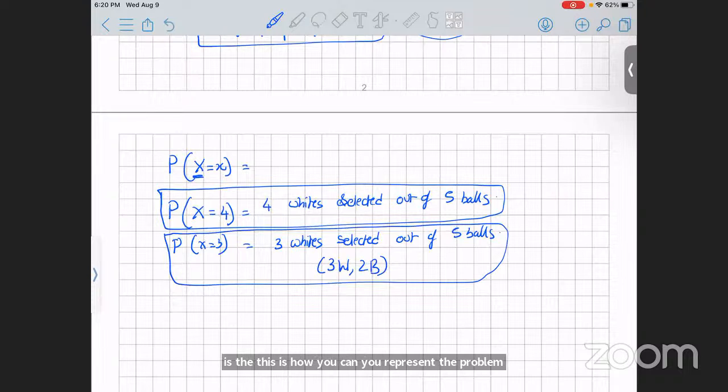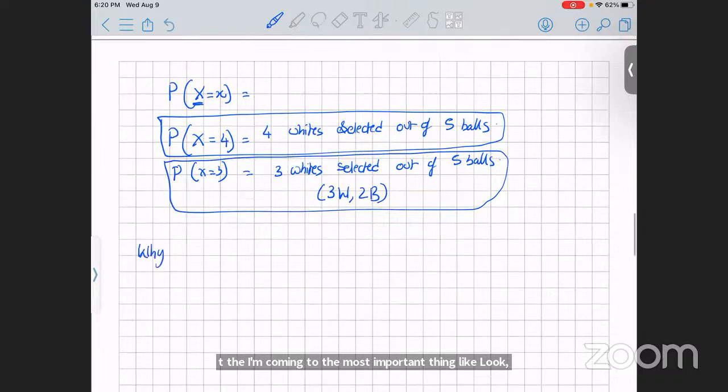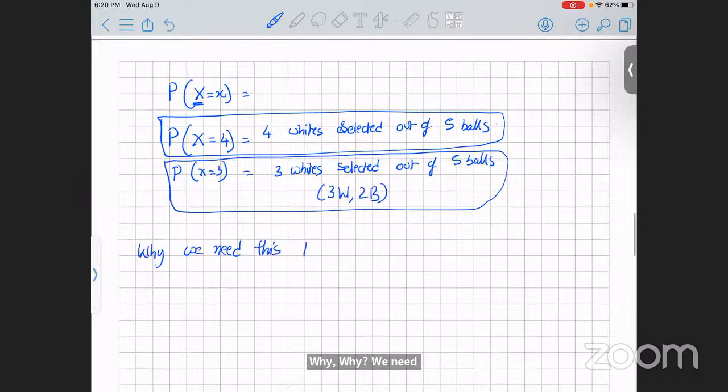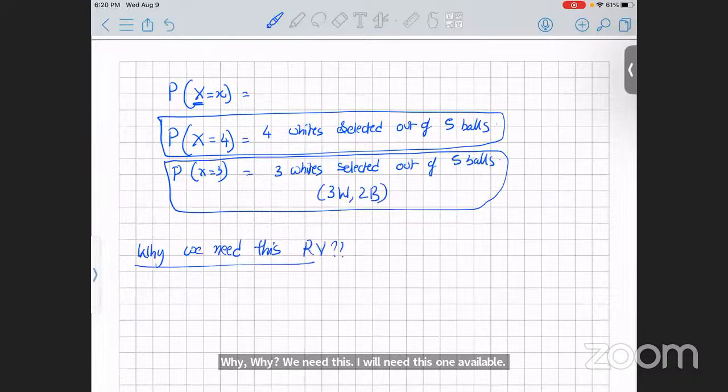And coming to the most important thing: why do we need this random variable? Why do we need to study about random variable? Can anyone have idea?